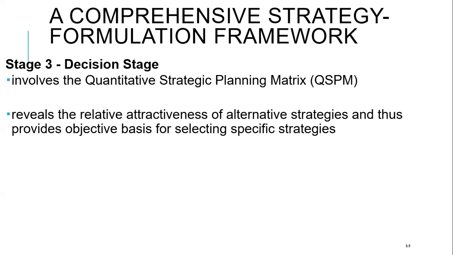And based on the attractiveness or the weight of each of the scores that are being assigned to the strategies, we are able to decide that a particular strategic option will give us more returns and more success outcomes than others. So that is the quantitative strategic planning matrix.